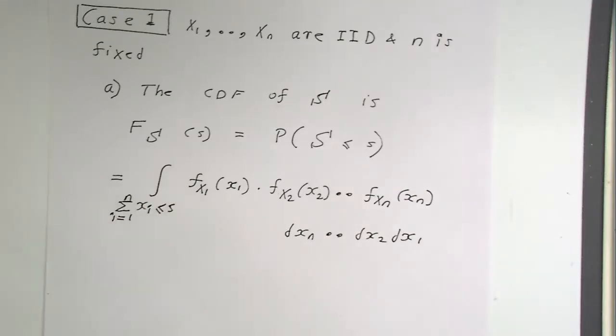So to find the probability that capital S is less than or equal to little s, you just need to integrate the product, because the variables are independent and identical. You need to integrate over n variables over the region where the sum of xi is less than or equal to s.